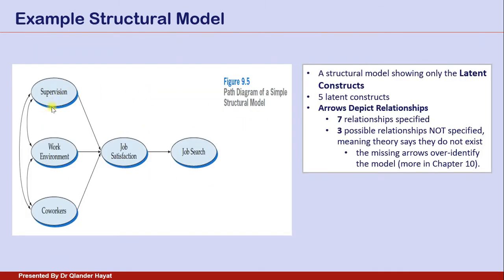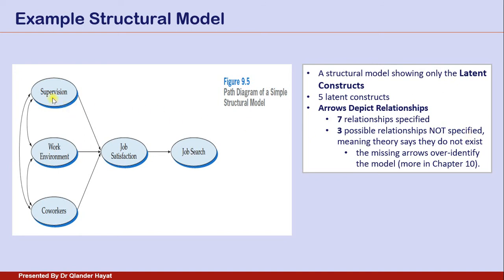When we talk about any structural model, we see that this is the analysis of latent constructs. Here you can observe that there are 5 latent constructs, and the arrows depict the relationships. Seven relationships are specified: 4 causal relationships and 3 covariance relationships, and 3 possible relationships are not specified.